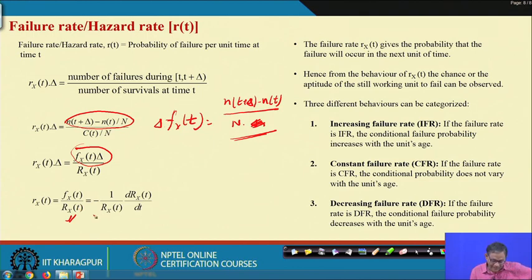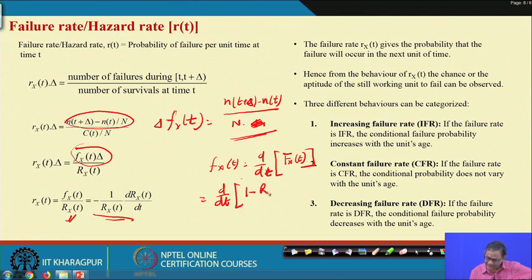Next is how you are getting this, because ultimately what is f(t)? f(t) is the derivative, d by dt, of its cumulative function F(t). What is that F(t)?